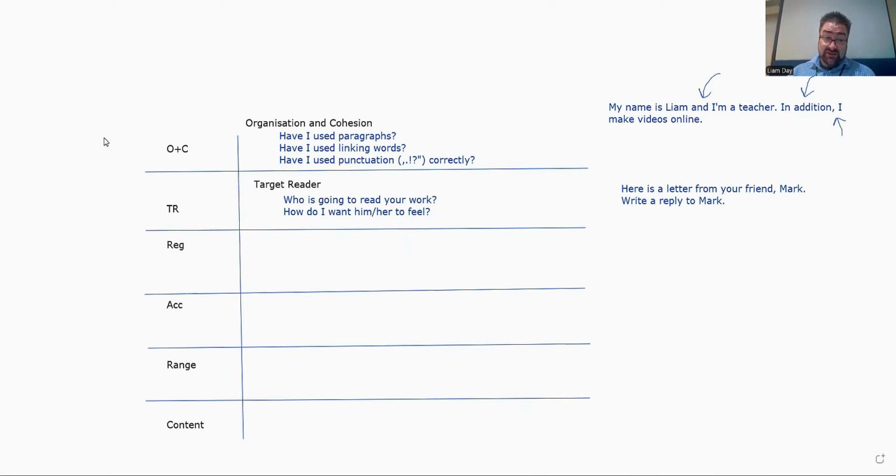Linked with target reader is register. And this is all about, have I written in the correct style?